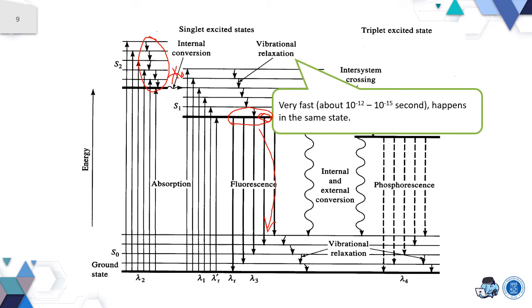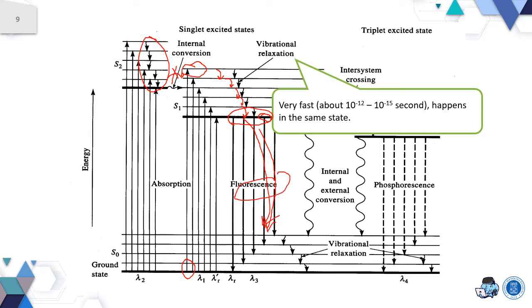If an electron is excited from the ground state to the highest level of the vibrational energy, first it will go to a lower vibrational level, then lower, lower, until the lowest point of the vibrational energy, and then it will go through fluorescence.